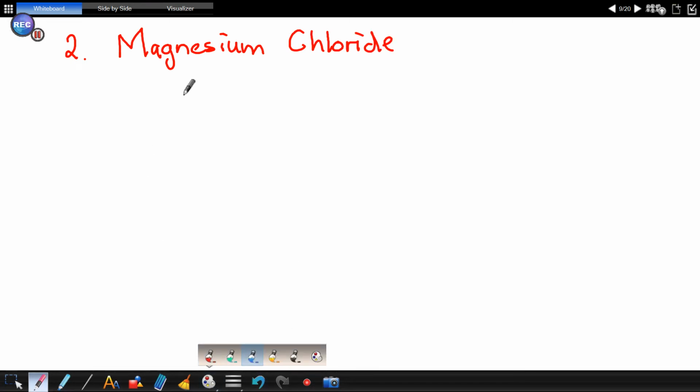So the second one is magnesium and chloride. What do we have? If we have magnesium, how many valence electrons does it have? 2. And chlorine? 7.